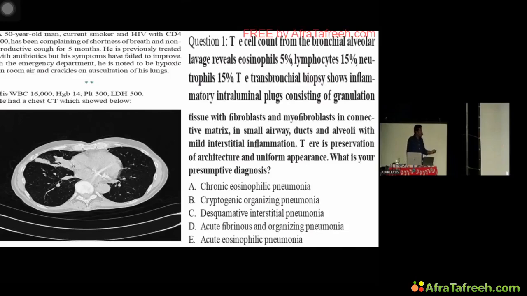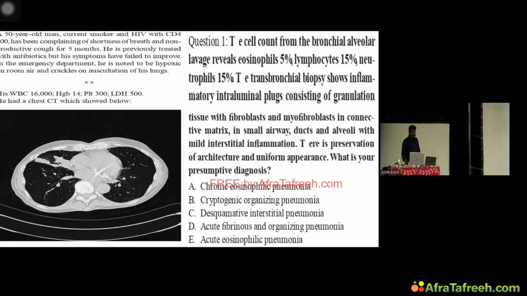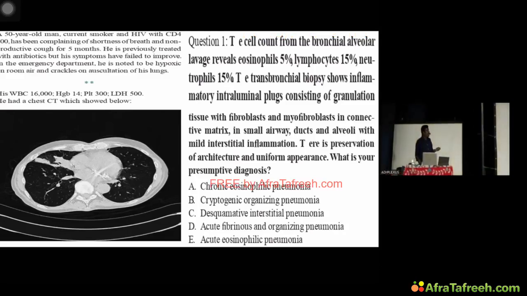Atoll sign, almost like an atoll sign, it is seen. So this is a case of cryptogenic organizing pneumonia. They have given directly the biopsy finding, right? There are intraluminal plugs with surrounding fibrosis. That is what they have given here also, right? So interstitial inflammation with bronchial obstruction. So this should be a case of cryptogenic organizing pneumonia.